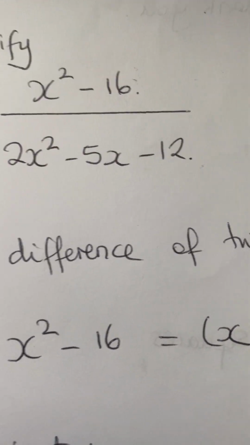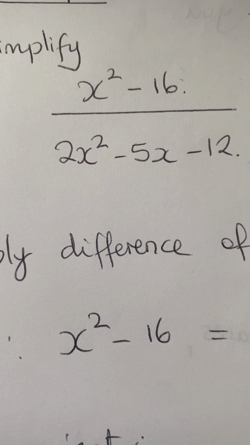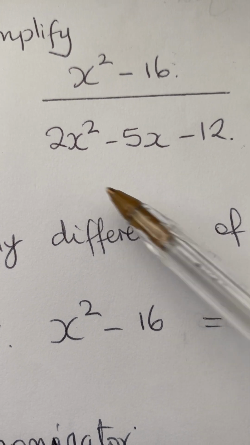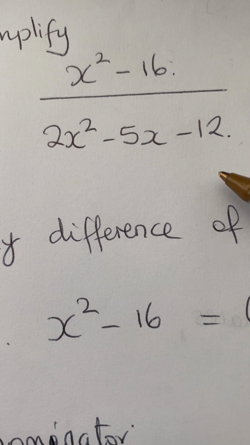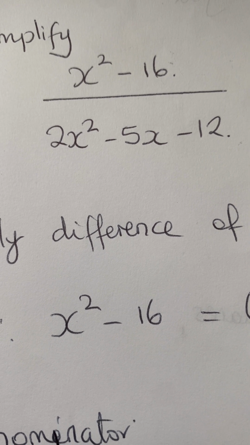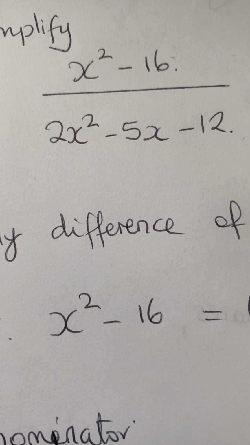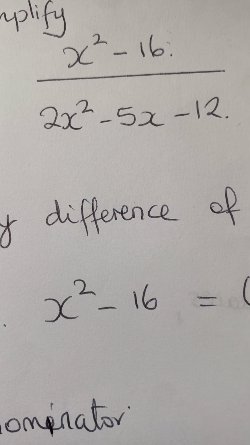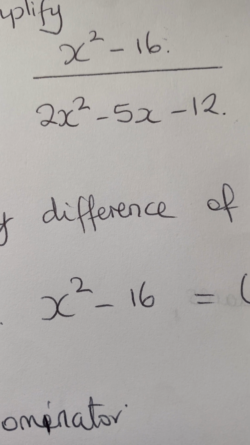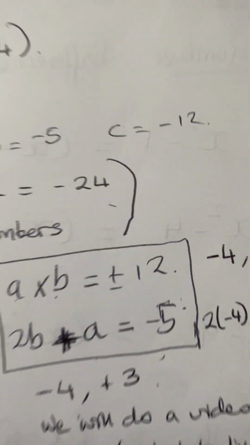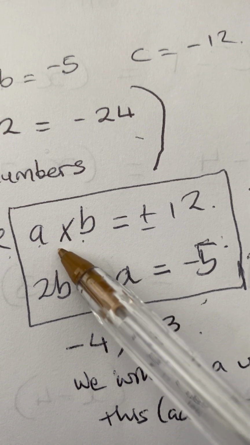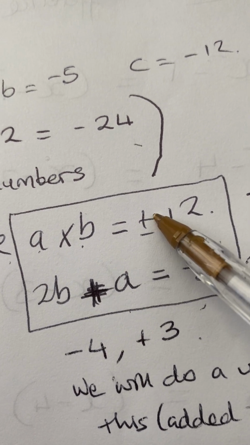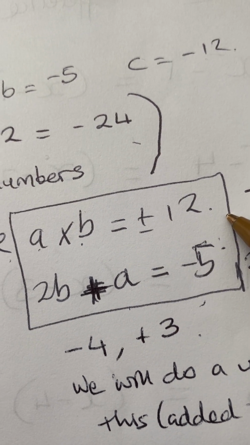Okay, now the denominator, look at it. We want two numbers. When you multiply them together, it will give you plus or minus 12. So what I'm trying to say is I want two numbers a and b. When I multiply them together, I'll get plus or minus 12.